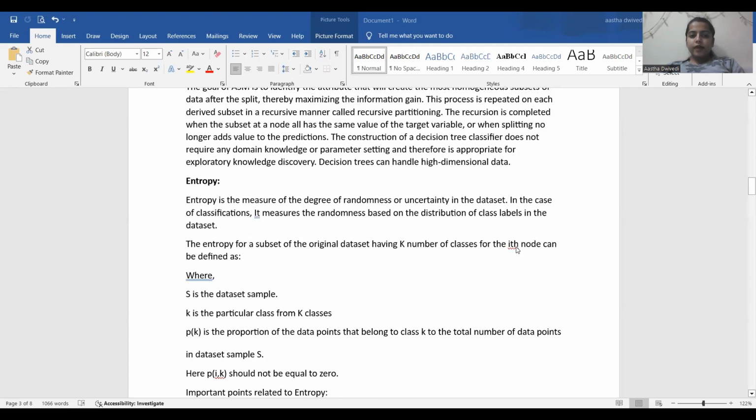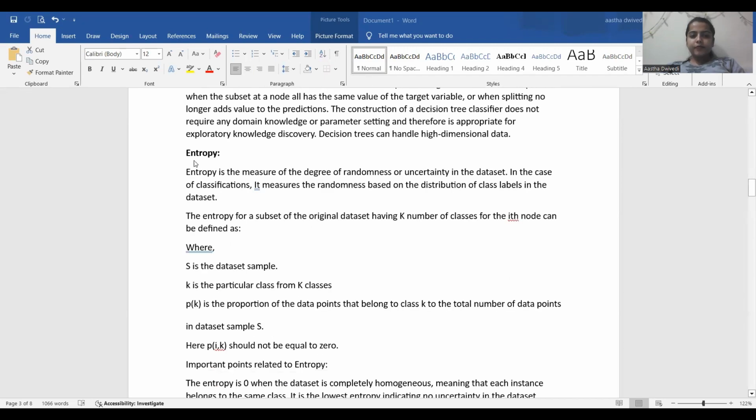So the first attribute selection measure is entropy. Entropy is the measure of the degree of randomness or uncertainty in the dataset. In the case of classification, it measures the randomness based on the distribution of class labels in the dataset.